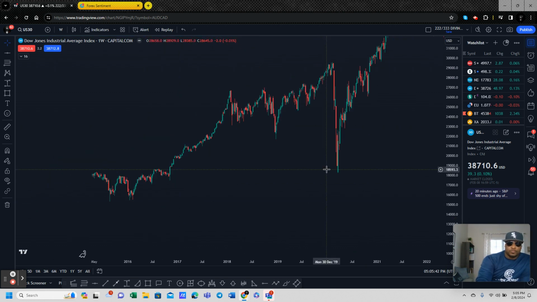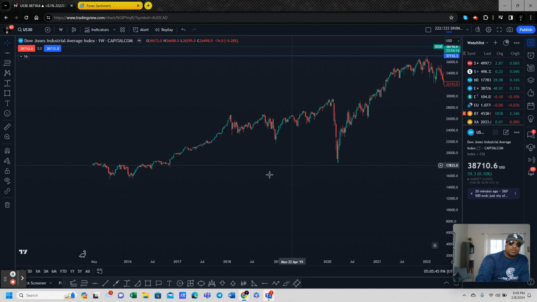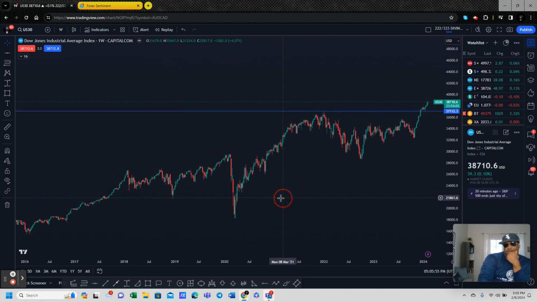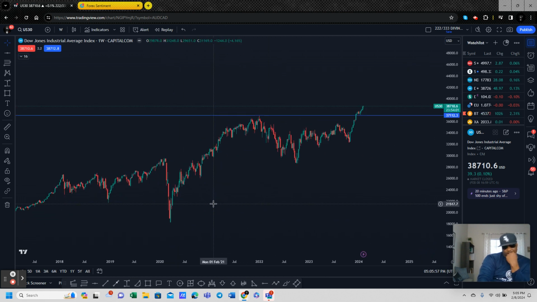And when I say roll over, it's something similar to this. It's nothing that drastic. You've got to understand when you're dealing with these indexes, you're not going to see a lot of catastrophic drops, because you think of pension funds, IRAs, these huge institutions.